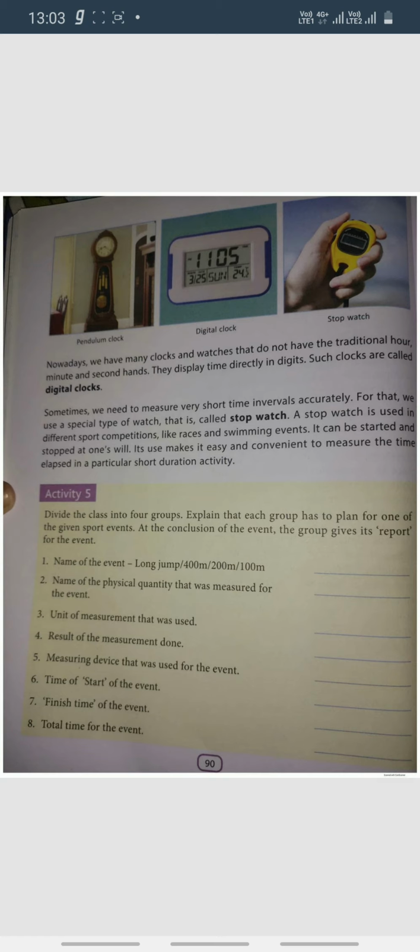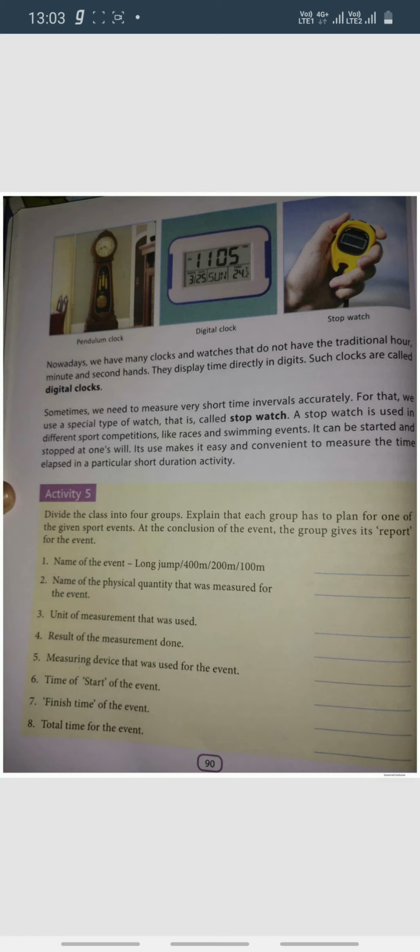So the physical quantity which is going to be measured is time. Unit of measurement, we can measure with the help of seconds. Result of the measurement done, we will measure the time taken by each participant. Now the measuring device that was used, a stopwatch we can use.